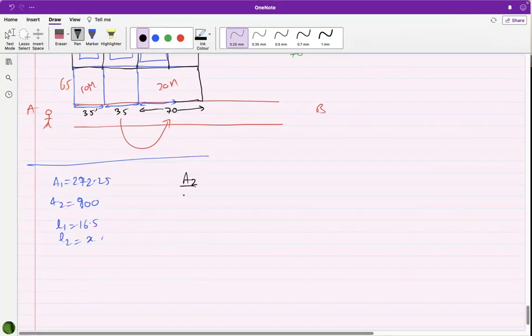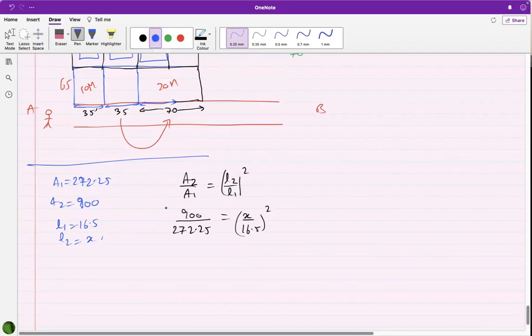So A2 by A1 is equal to L2 by L1 whole squared. Area 2 is 900 over 272.25 is equal to length 2, which is unknown, over length 1, 16.5, whole squared.